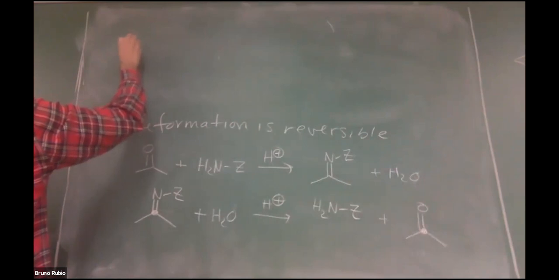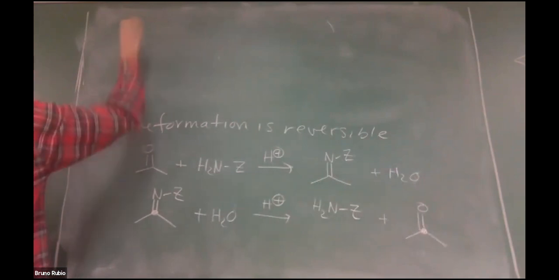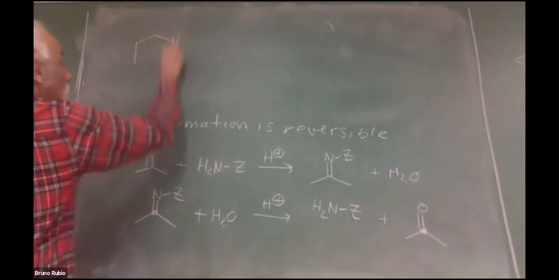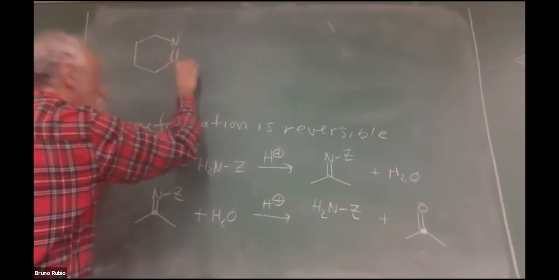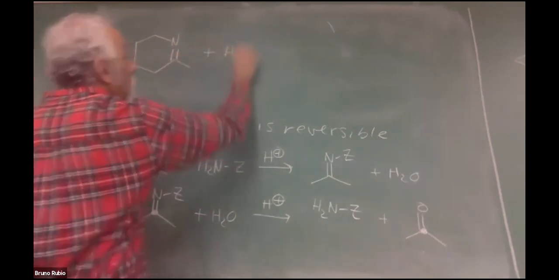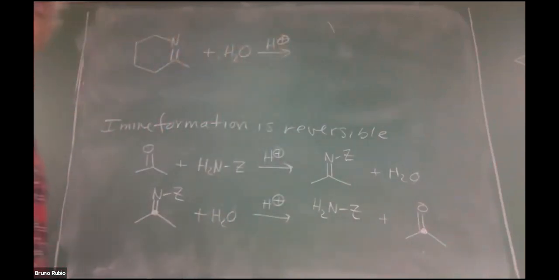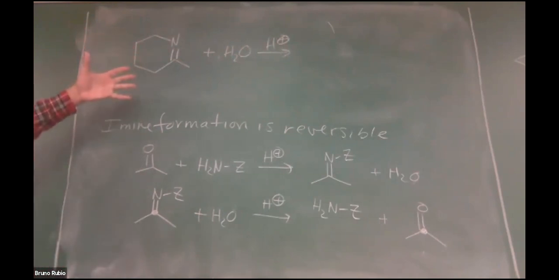Okay, so what if we have, let's say, all right, so what would be the product here? Oh, this is the recipe for reversal of the formation of the imine. I see an imine. What's that? It has that carbon-nitrogen double bond. And I see water and I see acid.